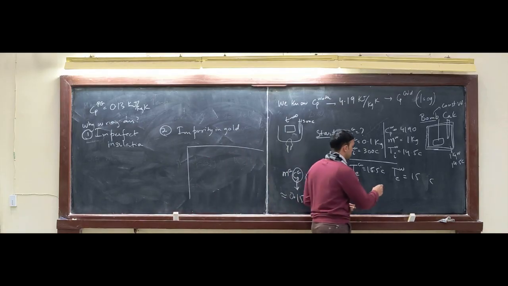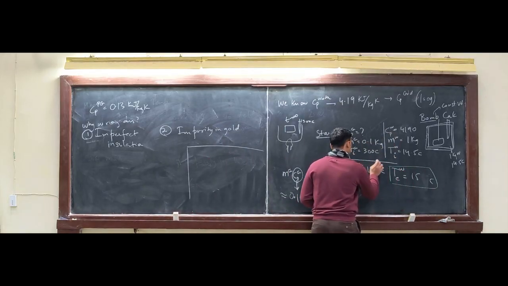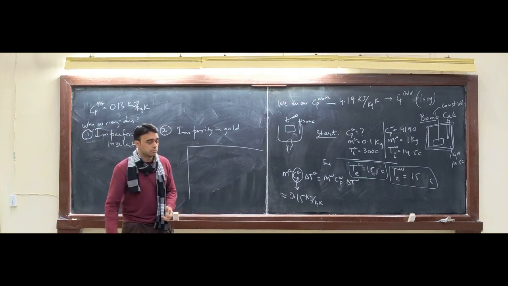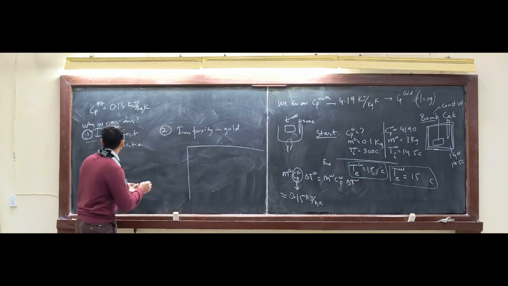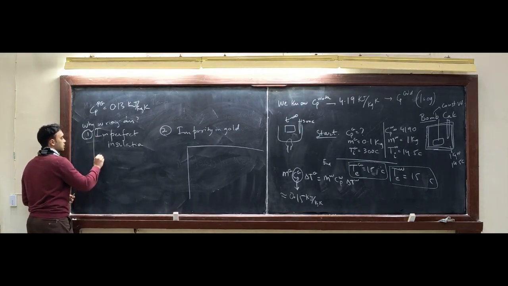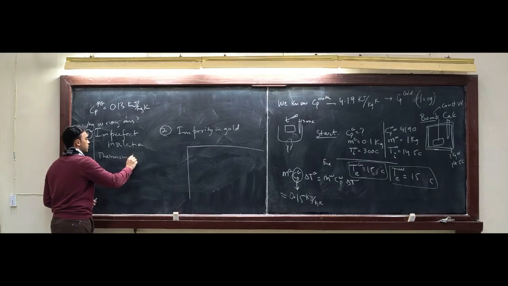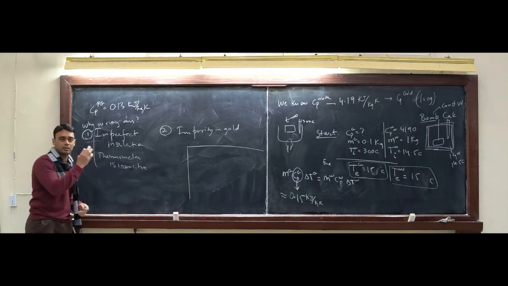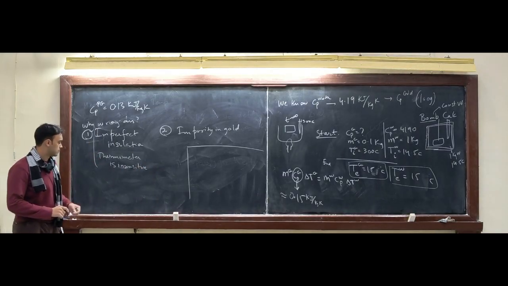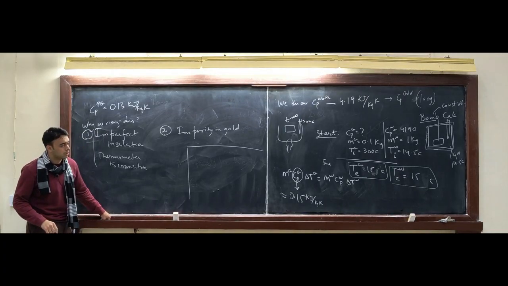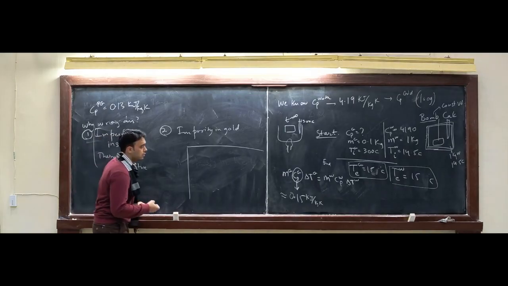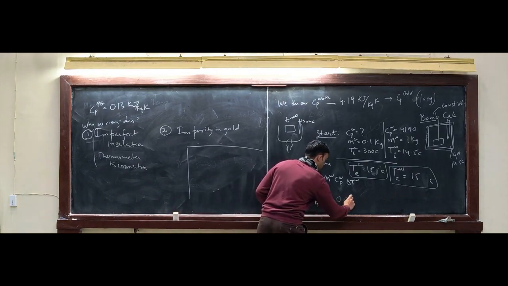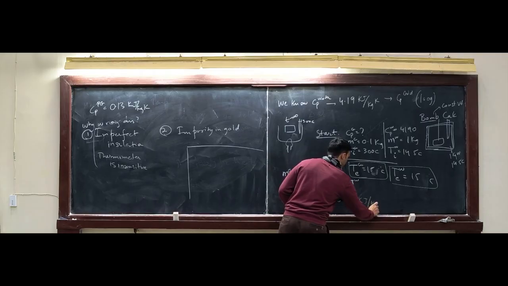This time it is basically imperfect conditions. 0.0735 kilojoule per kg Kelvin.